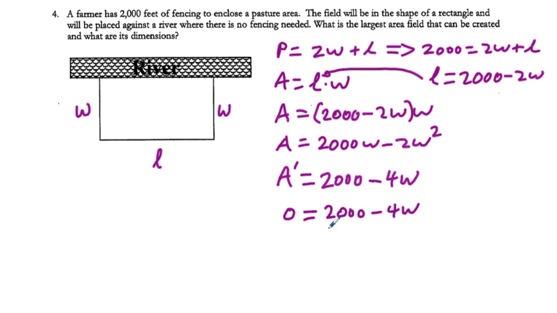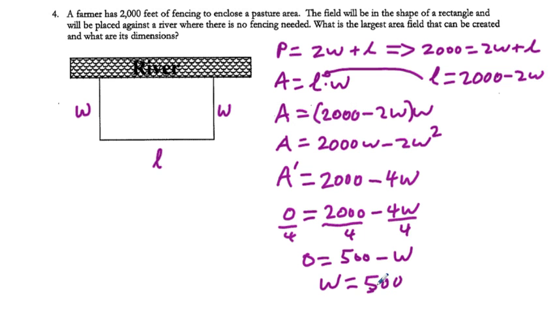And we can divide this equation by 4 to simplify our arithmetic a little bit. So 0 equals 500 minus W. And solving, W is going to be equal to 500, meaning 500 feet.